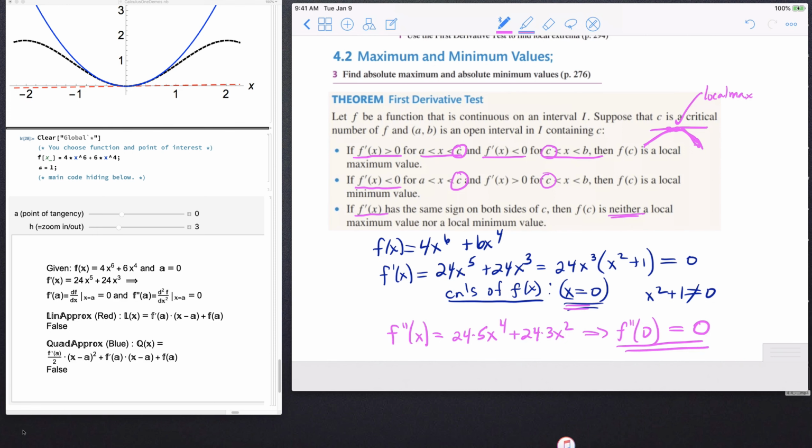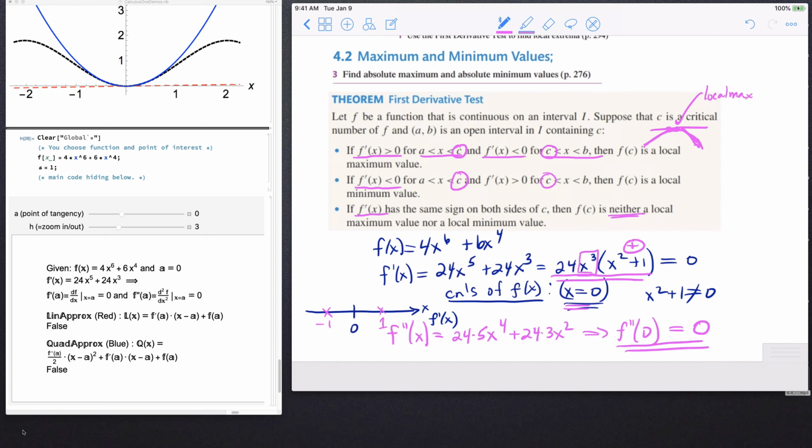So this is why we needed to look at the first derivative test, which was a sign line for f prime of x at 0. If you pick your test values, a negative number, let's say -1, and a positive number like 1, and put those into f prime, we'll see that x squared plus 1 is always positive, so the sign of the whole derivative just depends on the sign of x cubed.